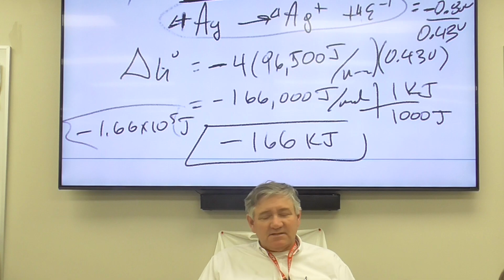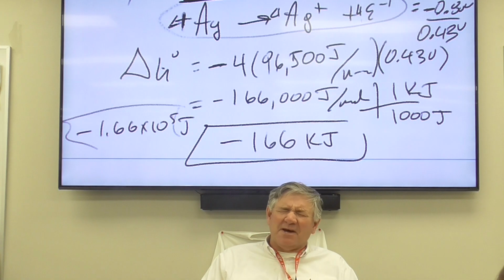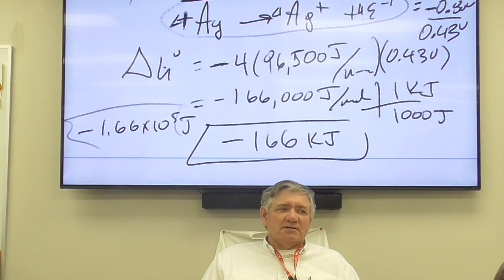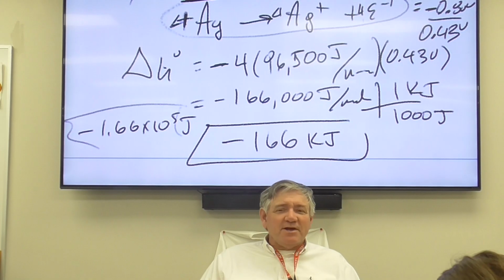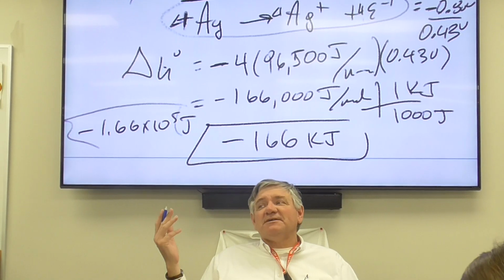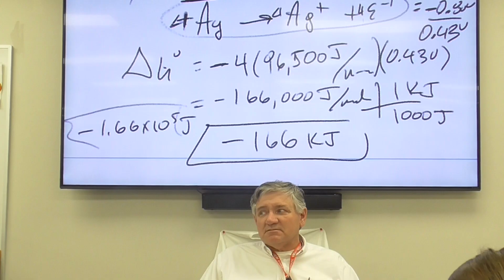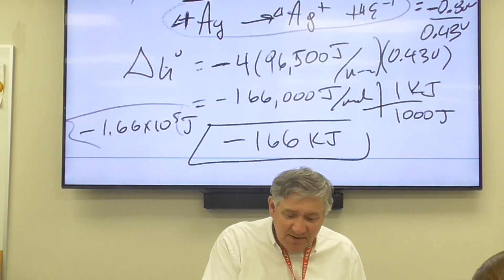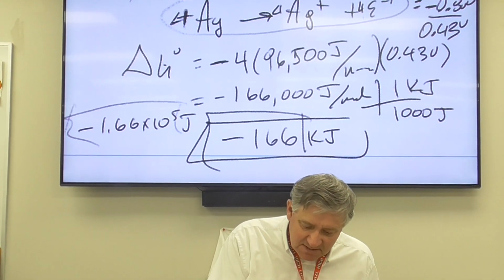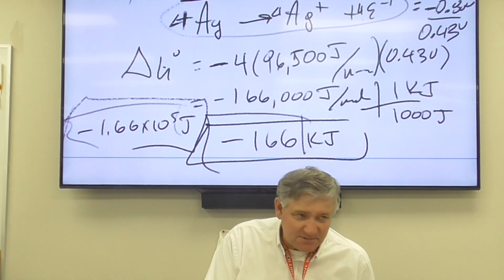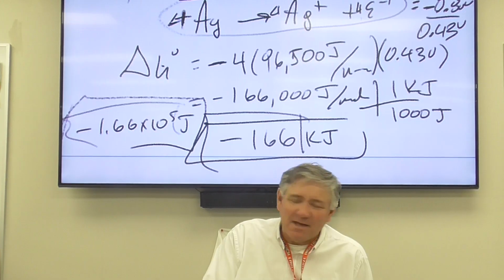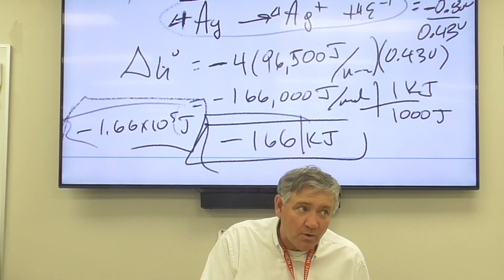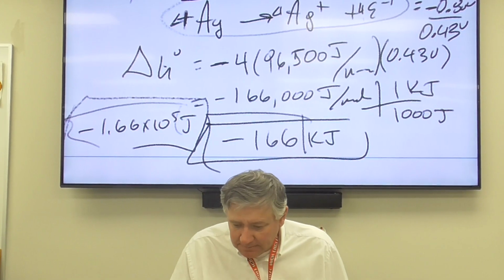But if you think, man, that's a lot of effort to divide by 1,000, I just don't have it in me, I realize the struggle is real. But I don't care what you do, just tell me which one it is. Because there's a big difference between negative 166 and negative 1.66 times 10 to the 5th, and no, I'm not going to guess what you meant. Okay.